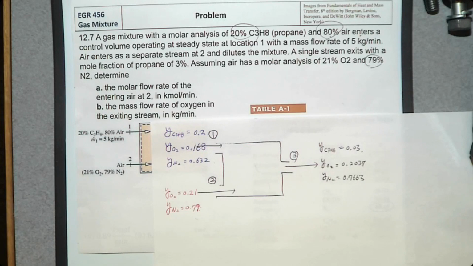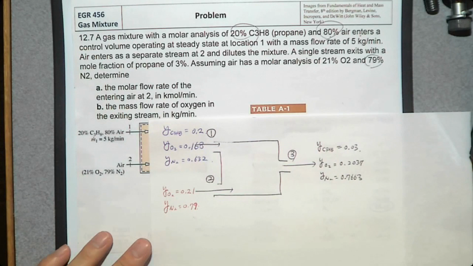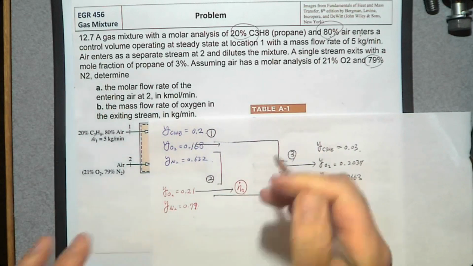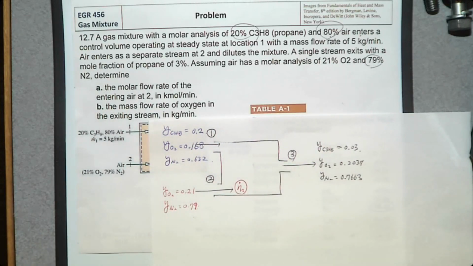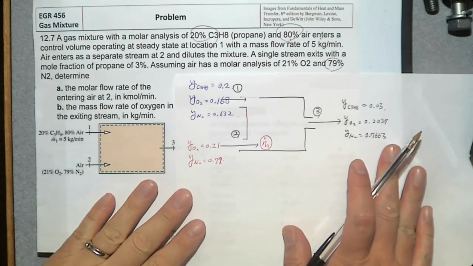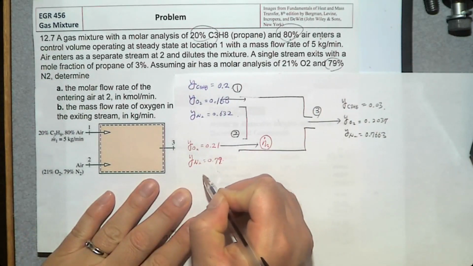So let's determine the molar flow rate of the entering air at number 2. That means let's determine n dot number 2. Okay. So we can first apply the mass balance equation.